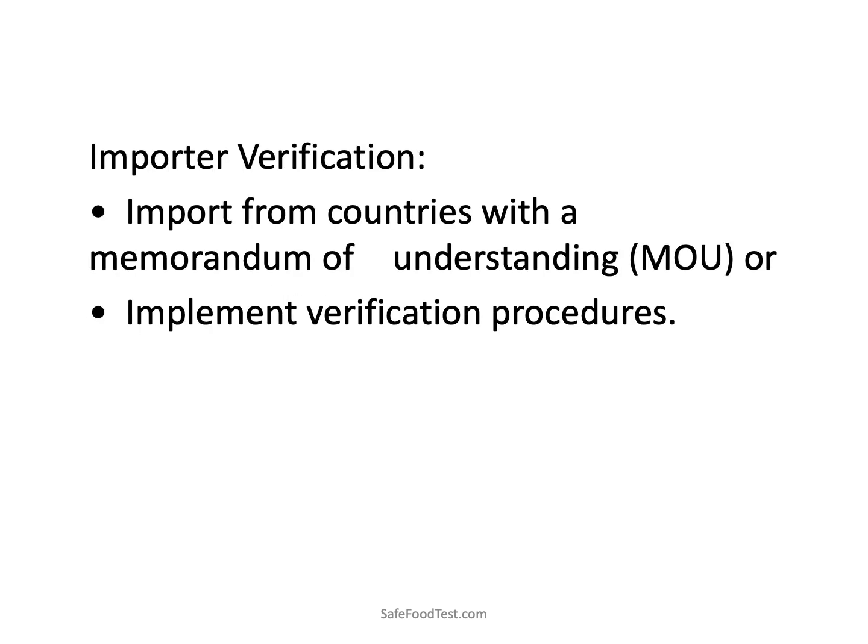Importer verification. It's a requirement under the Seafood HACCP regulation that we import food from countries with, number 1, a Memorandum of Understanding, or MOU, sometimes called a cooperative agreement, or number 2, implement written verification procedures.